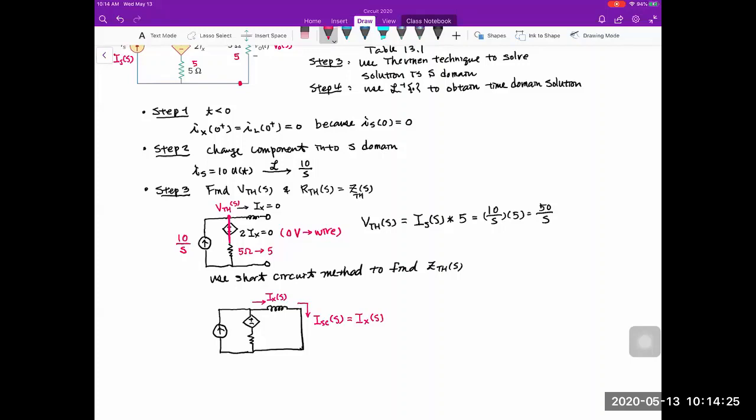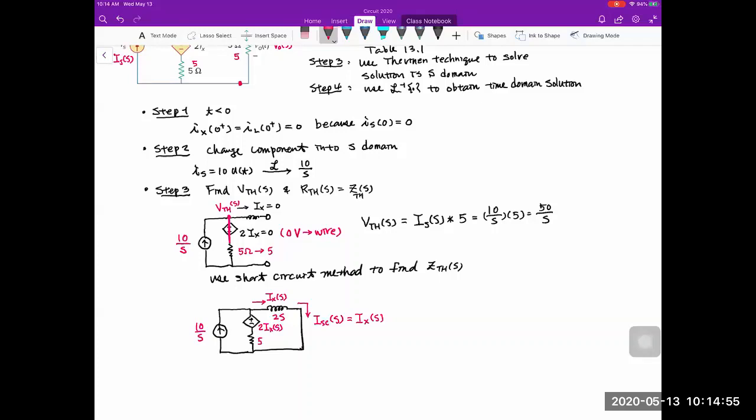The inductor over here is 2S, and because there's no initial value, you don't need to change anything. Otherwise, you have to use table 13.1. The source over here is still 10 over S. This is a 5, and over here, this is a 2 I sub x, and we use everything in terms of the Laplace transform S domain.